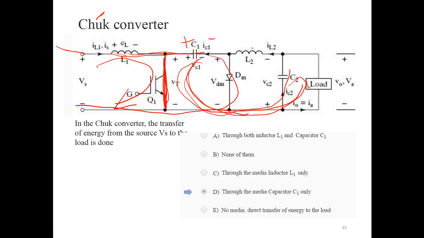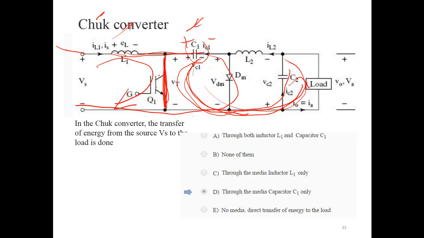When the switch is on, the capacitor voltage will fall and the inductor current rises, because the capacitor has to supply energy to the load.